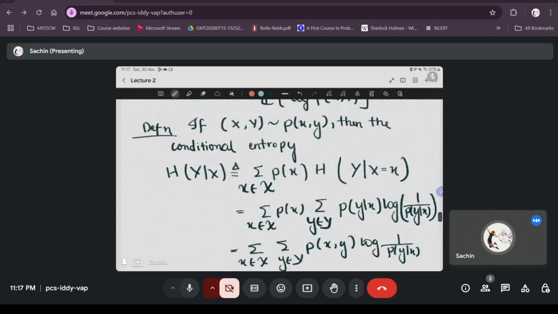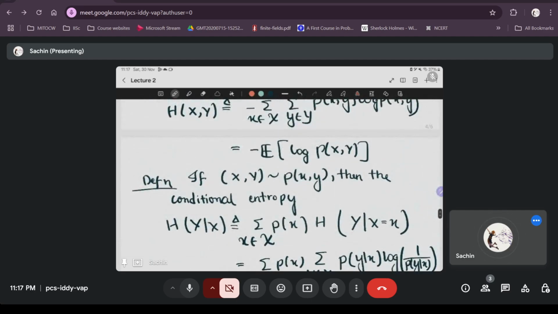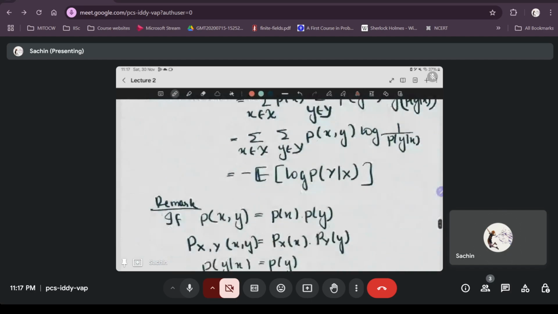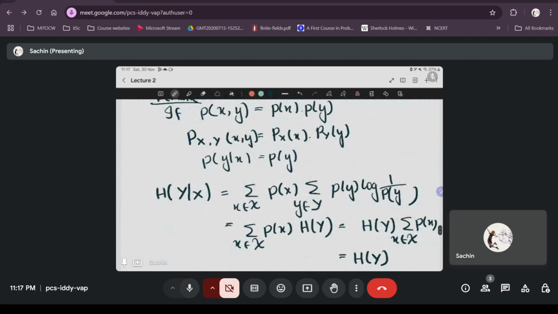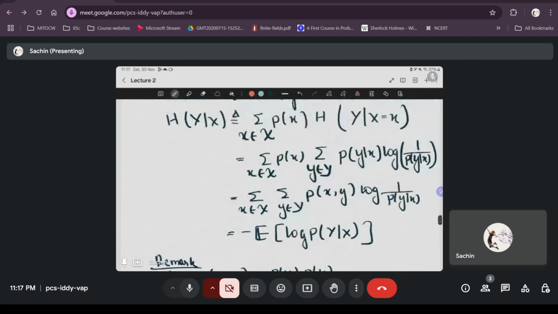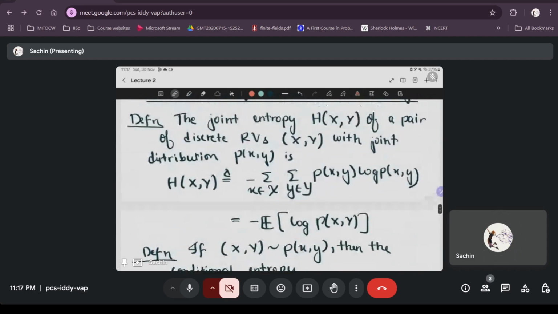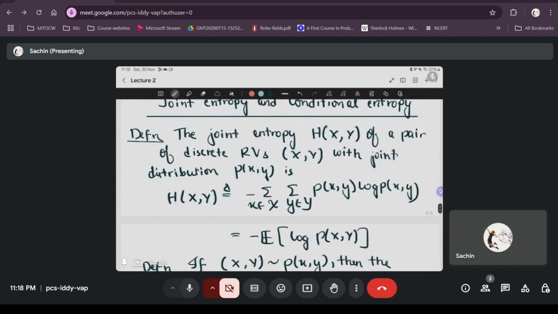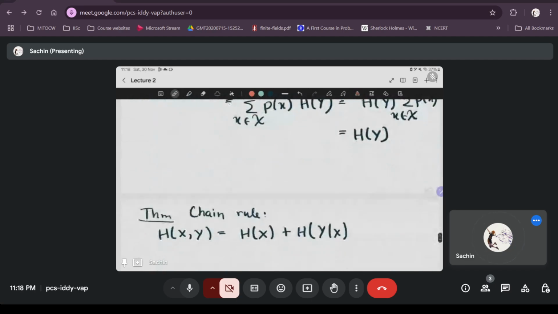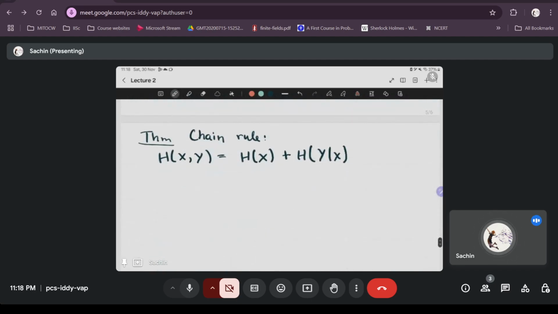It's also given in Massey, I think. They have given the proof there. So you can prove from that that H of x y is H of x plus H of y given x.